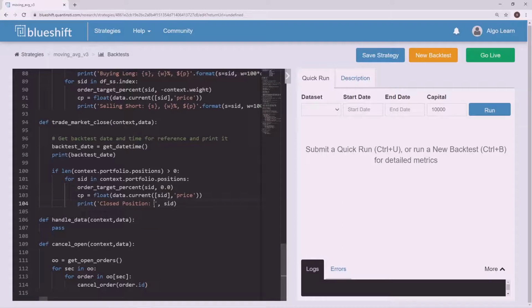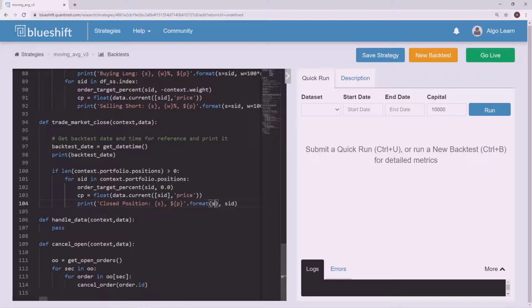Okay, so we're going to do the braces, curly brackets, whatever you want to call them. We're going to do S, and then a dollar sign, our brace again, P, close brace, and we're going to do format.